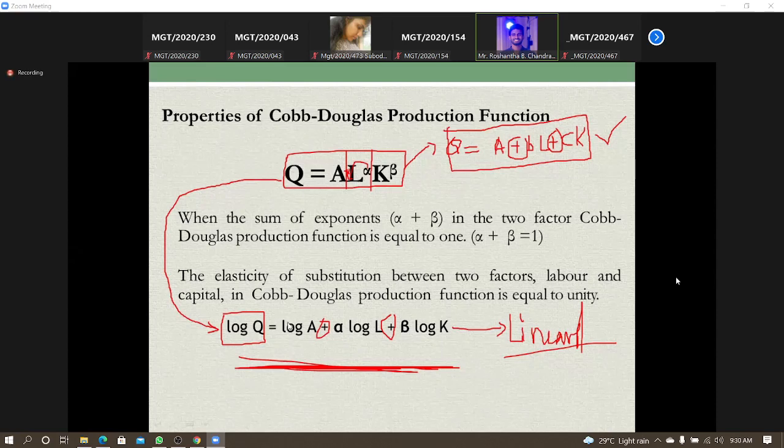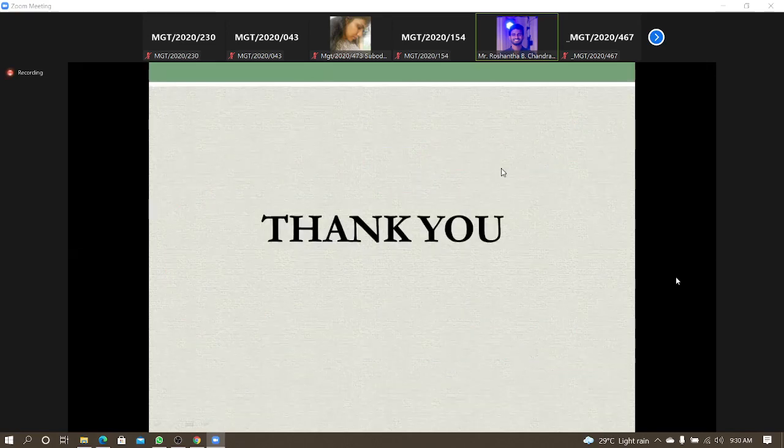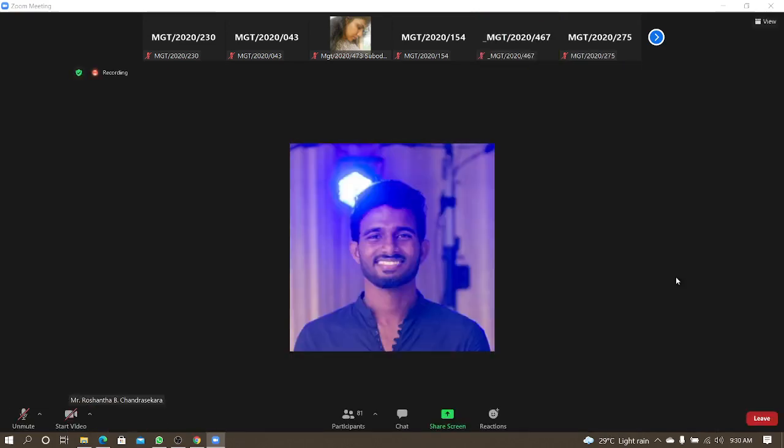And last, we identified the conversion of the production function into a linear function. It concludes our 8th session, or the 8th topic. So are you okay with that? Tell me.